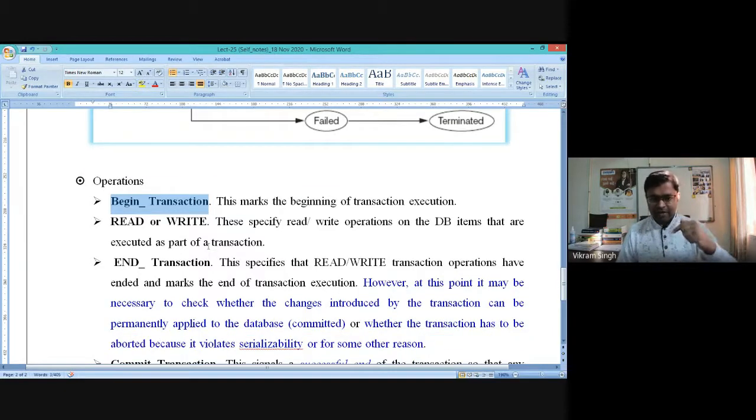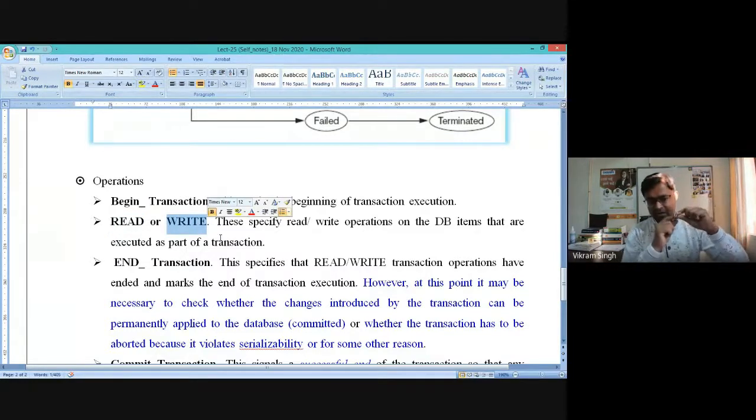So after beginning, or after some validation and authentication, there are various instructions related to read or write, right? After the begin transaction time, all the instructions performed by the user related to reading some value or writing some value are there. And after this read or write, there will be an end transaction also.